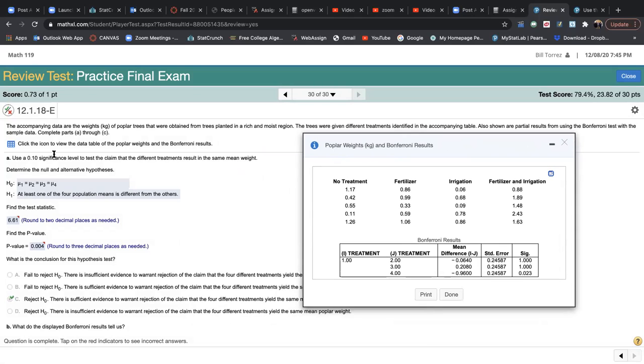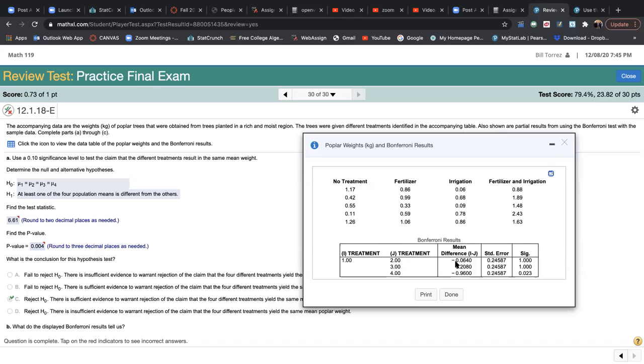So the problem reads as such: the accompanying data are the weights in kilograms of poplar trees that were obtained from trees planted in a rich and moist region. The trees were given different treatments identified in the accompanying table. Also shown are partial results from the Bonferroni test with the sample data.